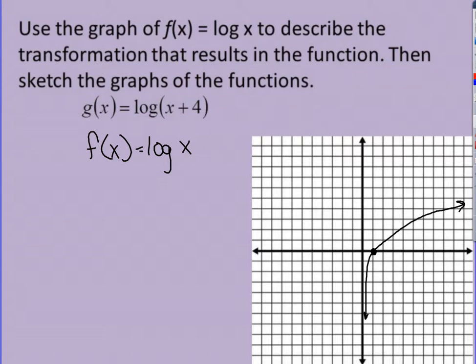This says I'm going to have log of x plus 4. This plus 4 is on the x, so that means it's going to shift it horizontally. Remember, when you pull it out of the parentheses, you change the sign. So I'm going to translate this 4 units to the left.